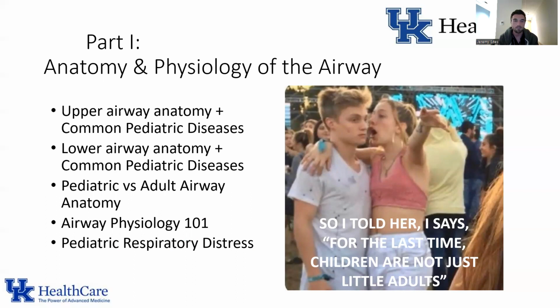We'll talk about the pediatric airway versus the adult, and hopefully your take-home message from this is that there are some special considerations in pediatric airway anatomy when compared to the adult. We'll do an introduction to pediatric airway physiology, just a brief overview. And then finally, we'll talk about pediatric respiratory distress. And then after that, we'll jump into part 2 of the lecture.